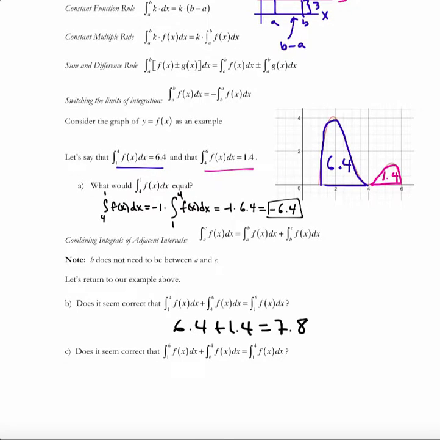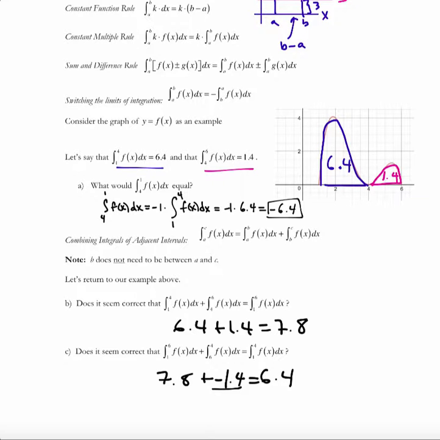And if we want to put some numbers on it, we already know that the definite integral from 1 to 6 of f of x dx is 7.8. We know that the definite integral from 1 to 4 of f of x dx is 6.4. So in theory, the definite integral from 6 to 4 of f of x dx should be a negative number. This should be negative 1.4.